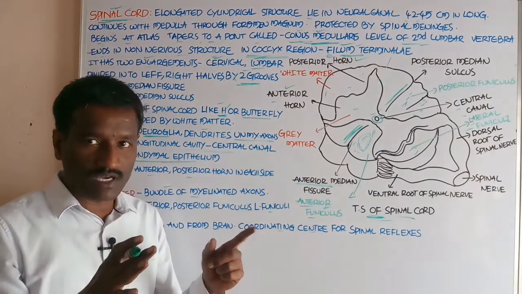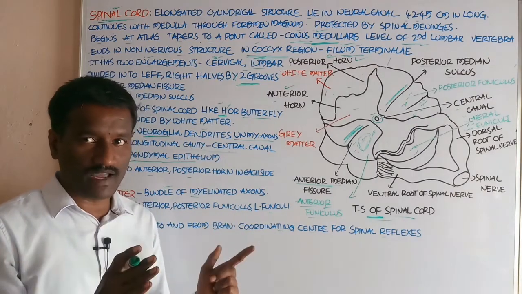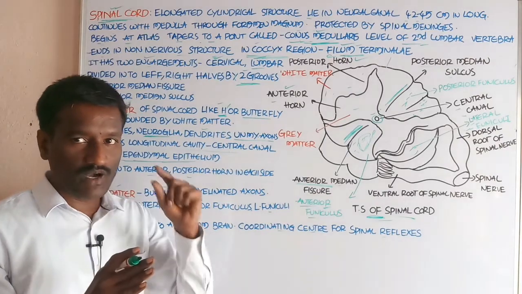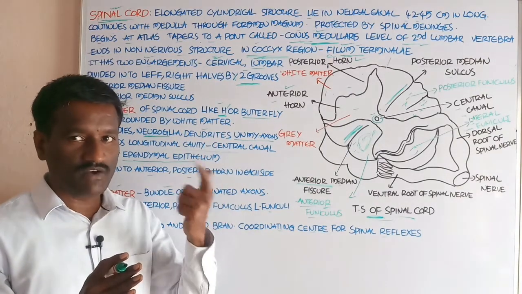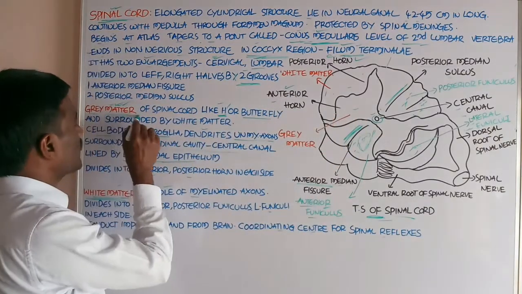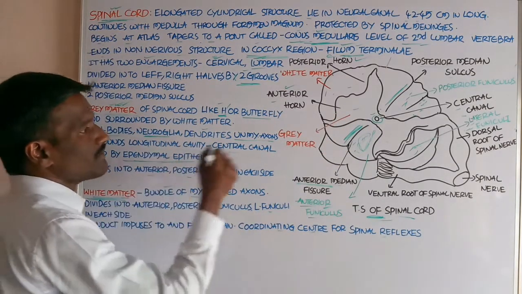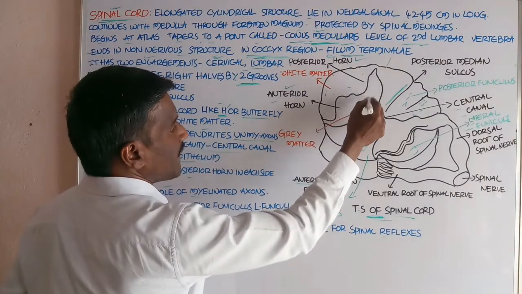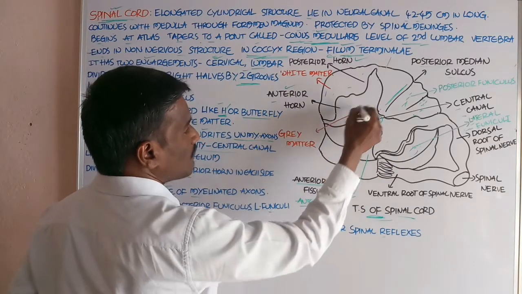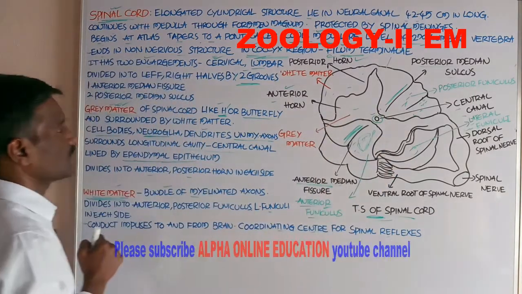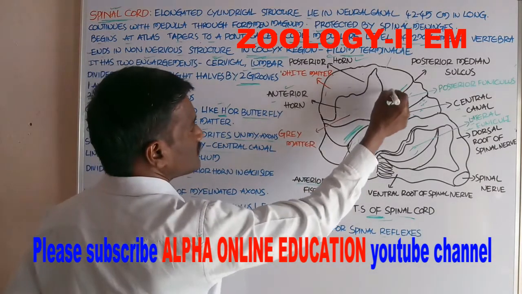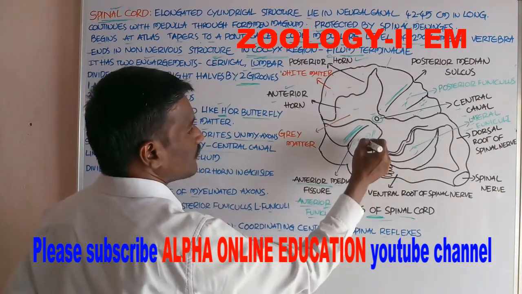If you observe the transverse section of the spinal cord, it shows two matters: the gray matter and the white matter. The gray matter appears as an H-shaped or butterfly-shaped structure, and it is surrounded by the white matter.